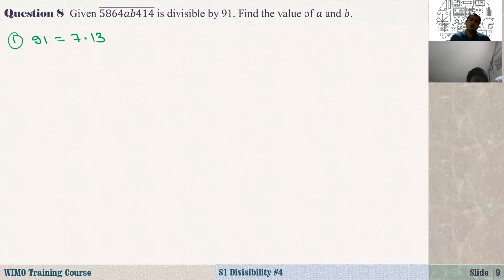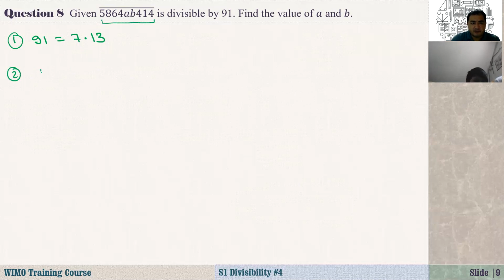So now again, for this given number to be divisible by 91, it should be divisible by 7 and by 13 at the same time. That means that this number must be divisible by 7 and 13 simultaneously. Now, if you remember the rule, what numbers are divisible by 7? The second observation is divisibility by 7.